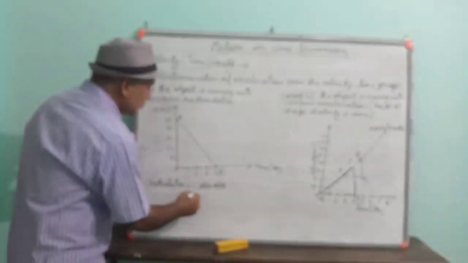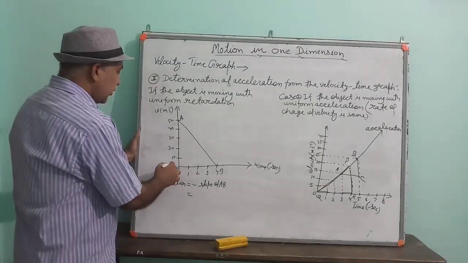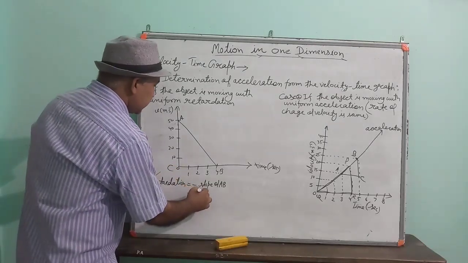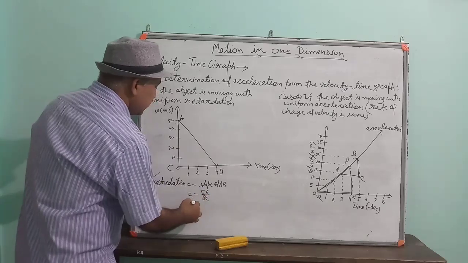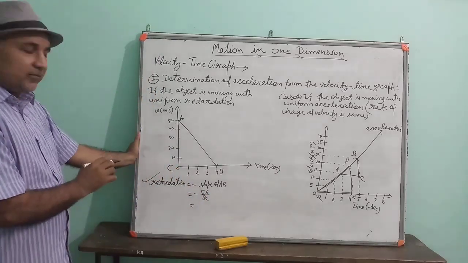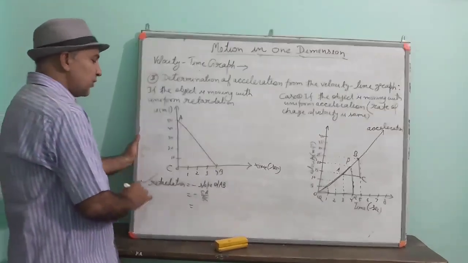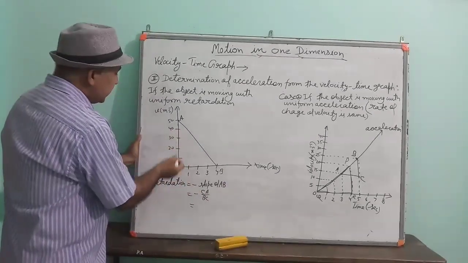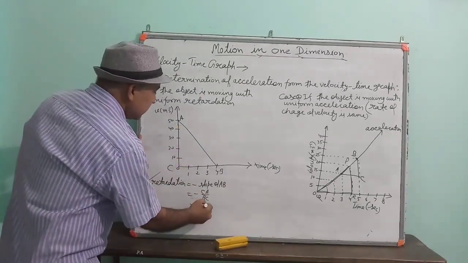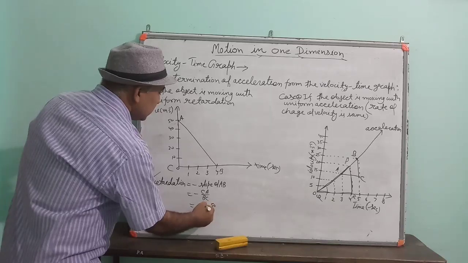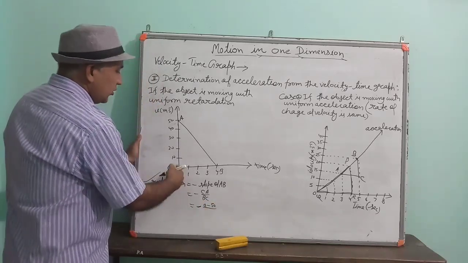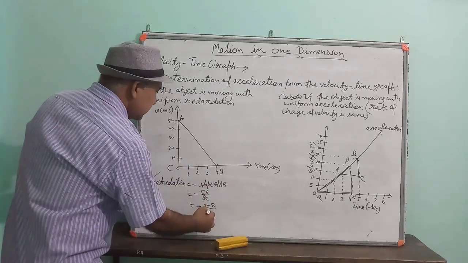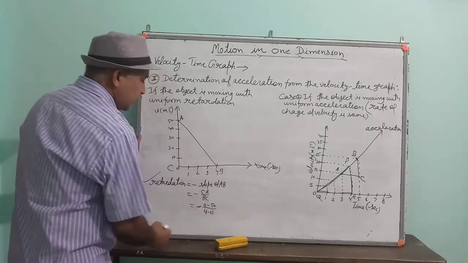And how to find the slope of AB? Suppose this point is C. Then you will say negative sign of CA upon BC. This is the method of finding the negative slope of AB. Value of CA. CA is 0 minus 50. This is the negative sign. BC is 4 minus 0.